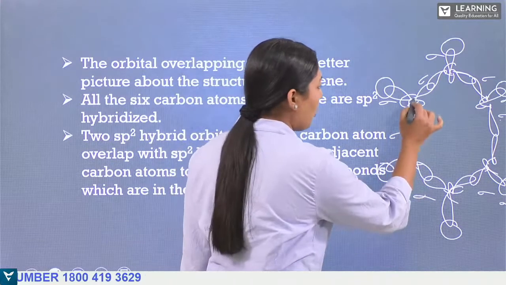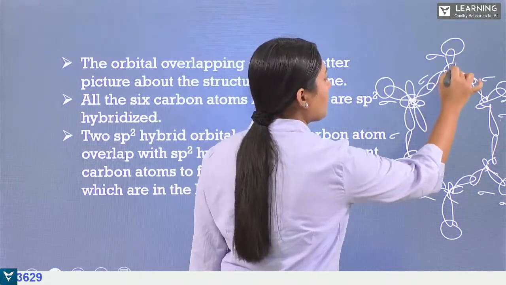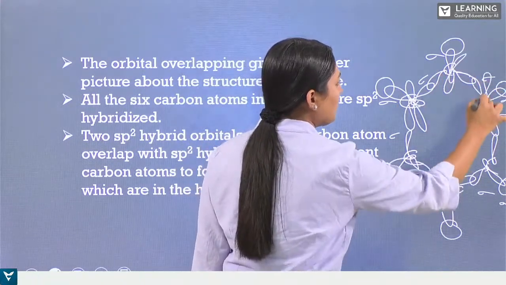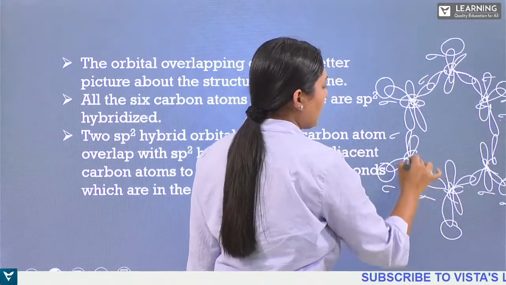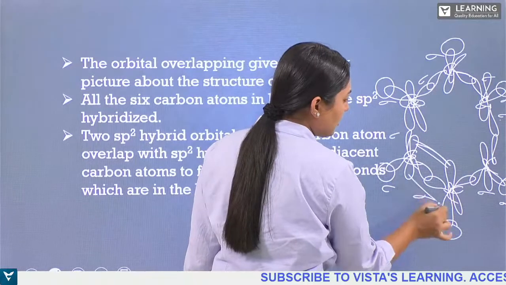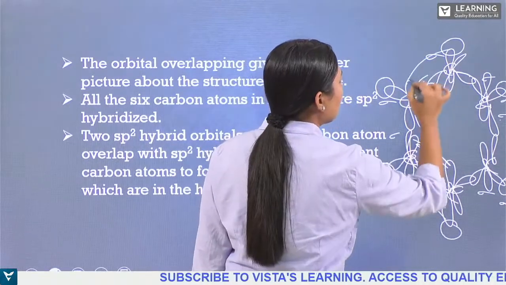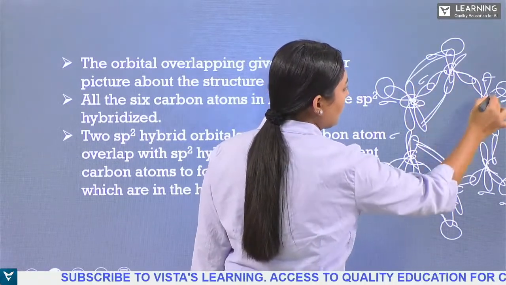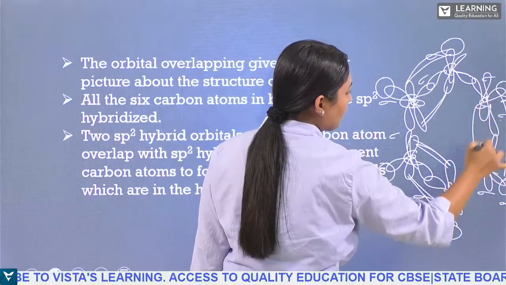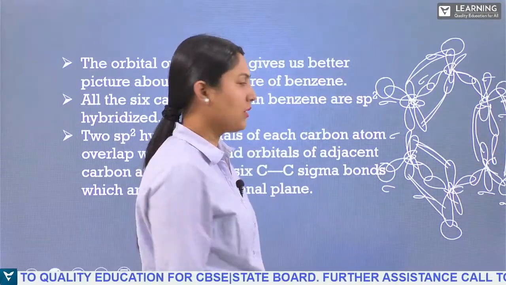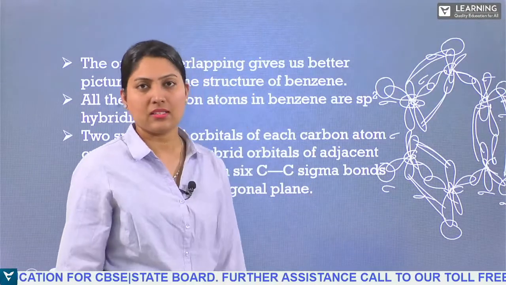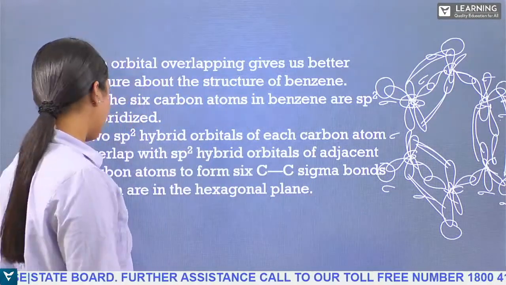And they all will have one pi bond, overlapping with the adjacent carbon atoms to get this benzene ring. So this is how the benzene ring is formed.